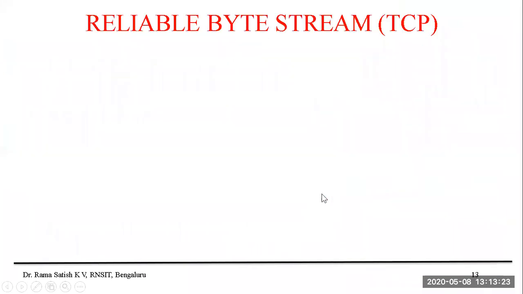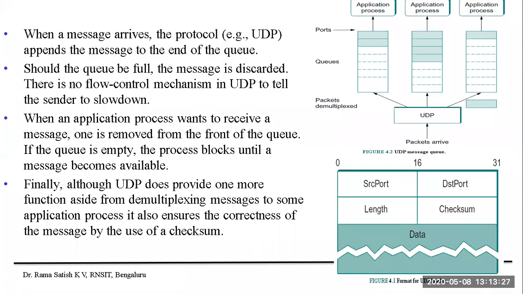So that's about the UDP protocol. UDP protocol is very simple. It's mainly working on multiplexing. So multiple applications run on different ports, and each port will be notified to its destination.